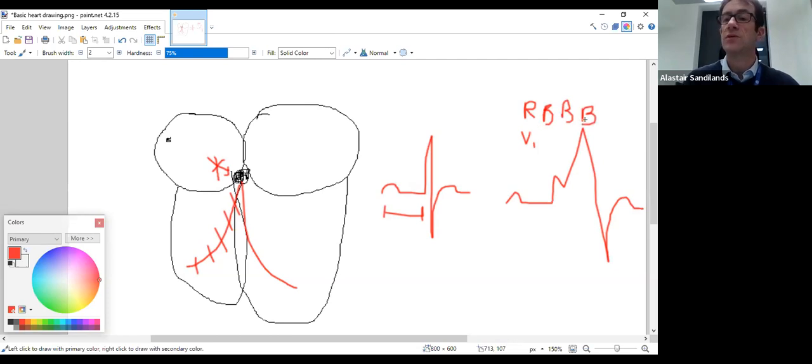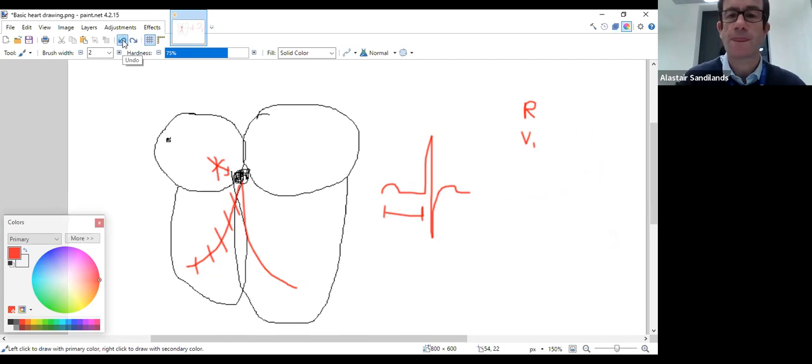So this is right bundle branch block. In V1, we have the bunny rabbit's ears. We've still got the prolonged PR interval, which is signified by conduction not getting into the AV node this way, but there's delay around here, so it's got to go this way first and then across. That's just trying to show you the concept of first degree heart block.